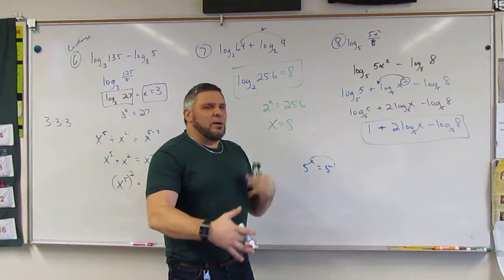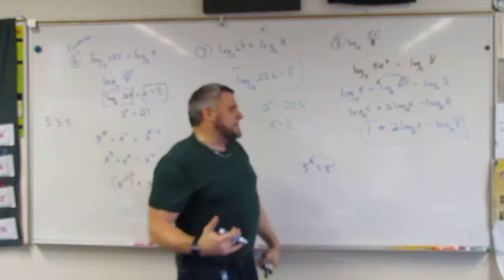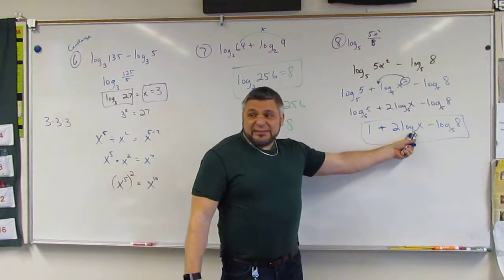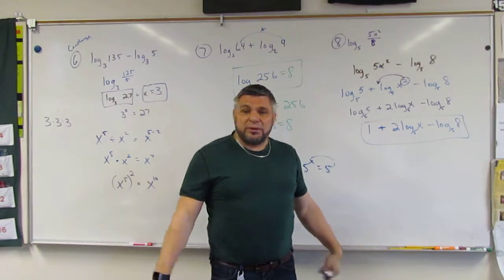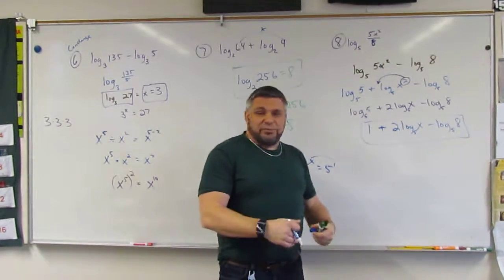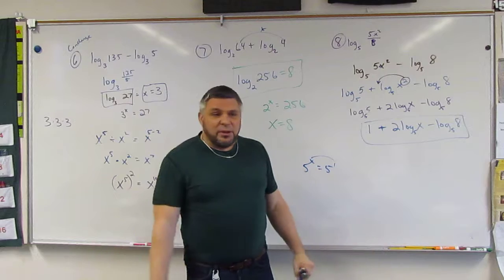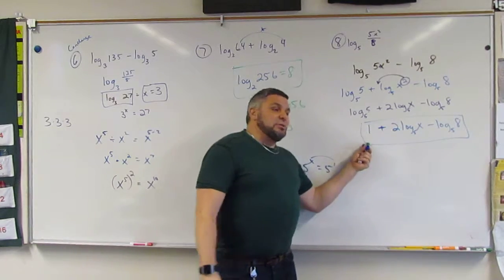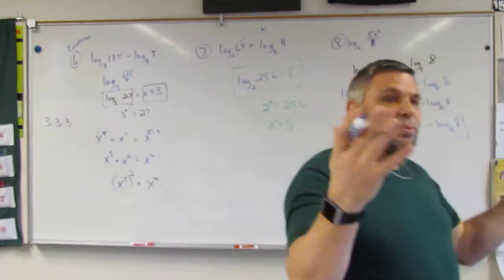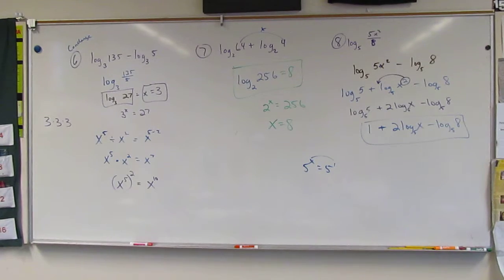A 1 is the same as log base, whatever this base is, of the same number. If this were base 8, it would be log base 8 of 8. If it were base 12, it would be log base 12 of 12. But it's base 5, so this would just turn into log base 5 of 5. And then you slowly put them back together. How's that looking? Not bad?